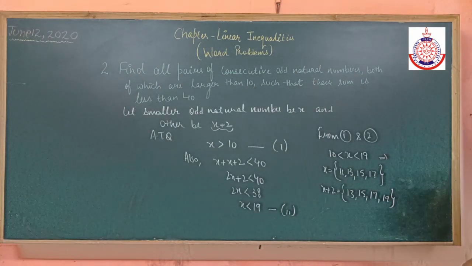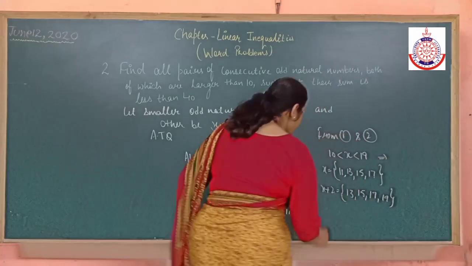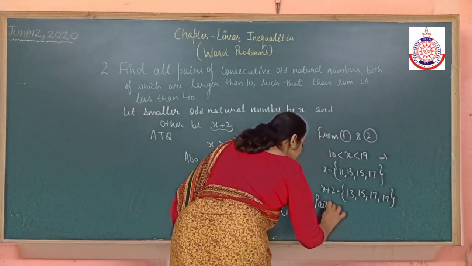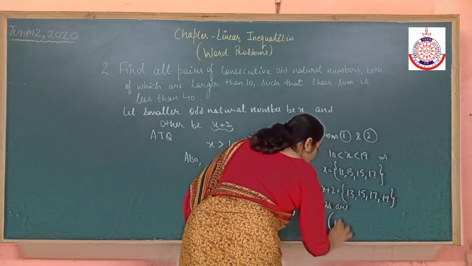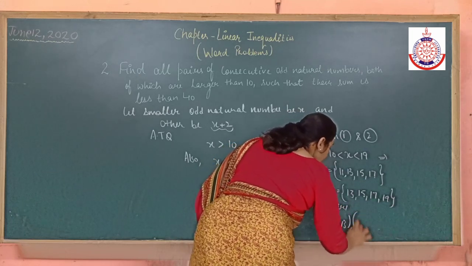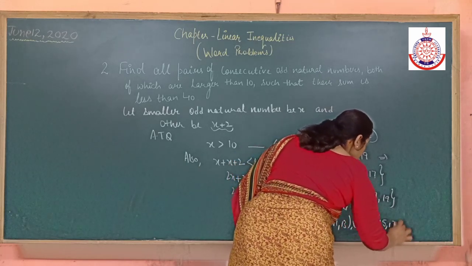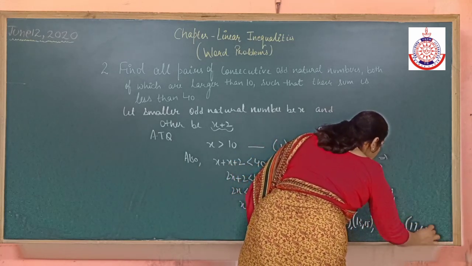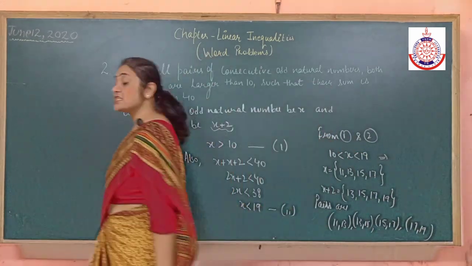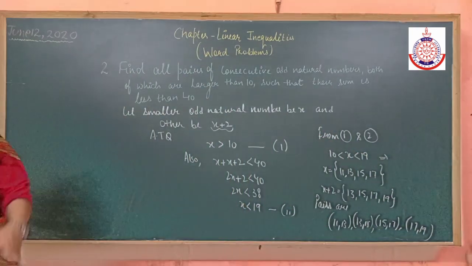Alright, fine. So what are the pairs? Therefore the pairs are 11 and 13, 13 and 15, 15 and 17, 17 and 19. Is this clear?